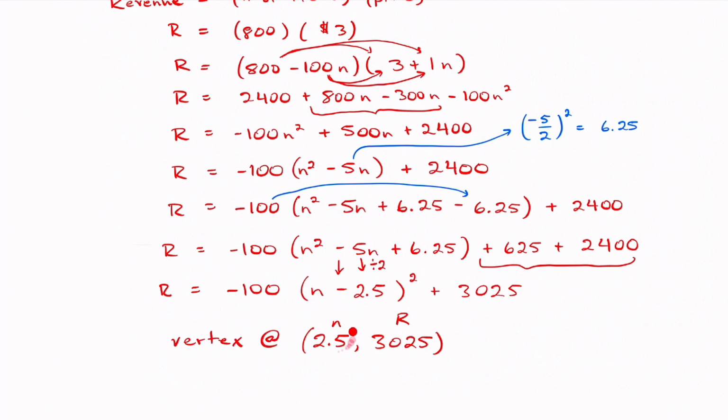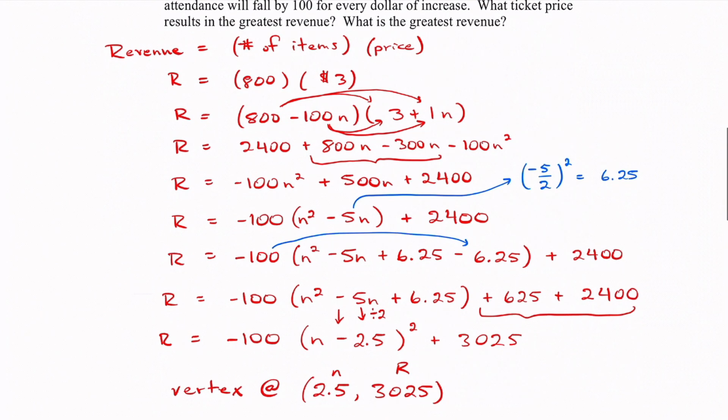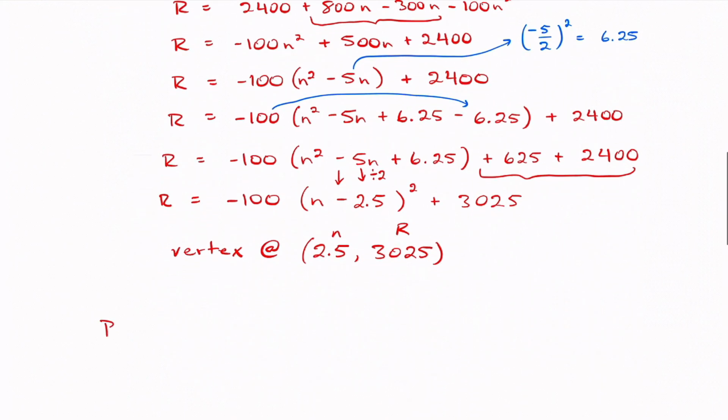Now, this N is not the ticket price. Remember N, when I put it up in here, was how many times I was going to increase the price by $1. So our price we wrote was 3 plus N. So let's just write that down here.